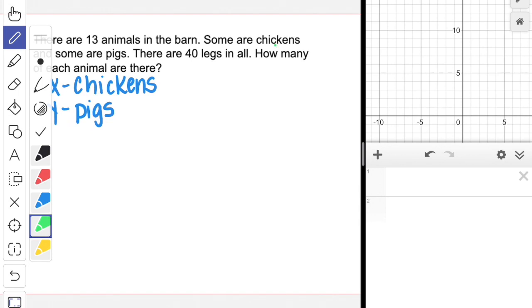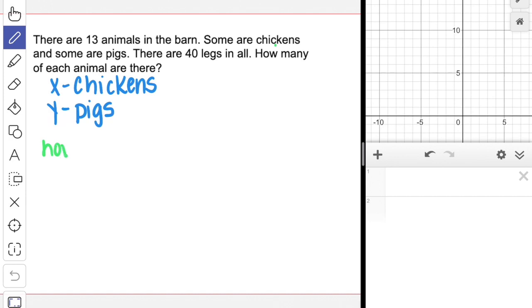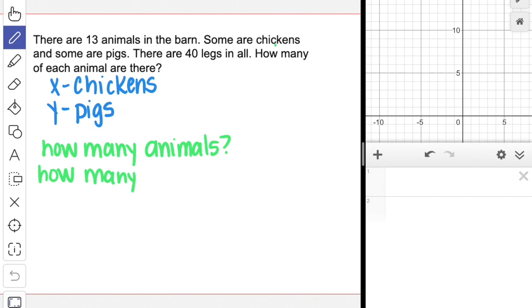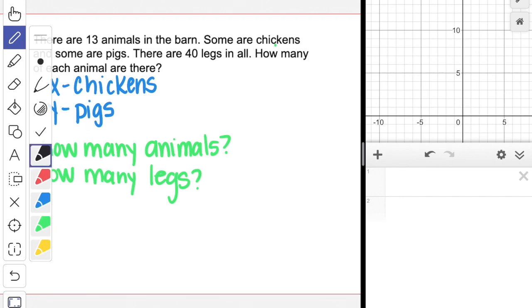One equation is going to represent how many animals, and the other equation is how many legs. So we're going to write two different equations in reference to the number of animals and the number of legs.